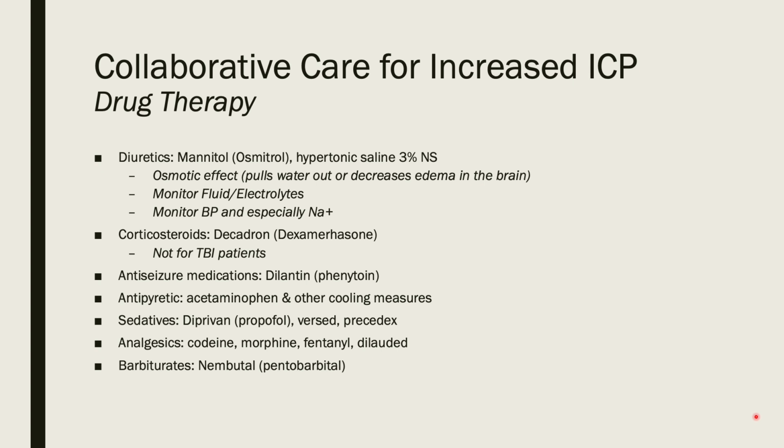And this type of diuretic is filtered through the glomerulus and not reabsorbed through the renal tubules. Because of this, it creates an osmotic pressure that will pull water and electrolytes like sodium and chloride from the blood. It just won't be reabsorbed and excreted out. So that's why we really want to watch the sodium, okay?